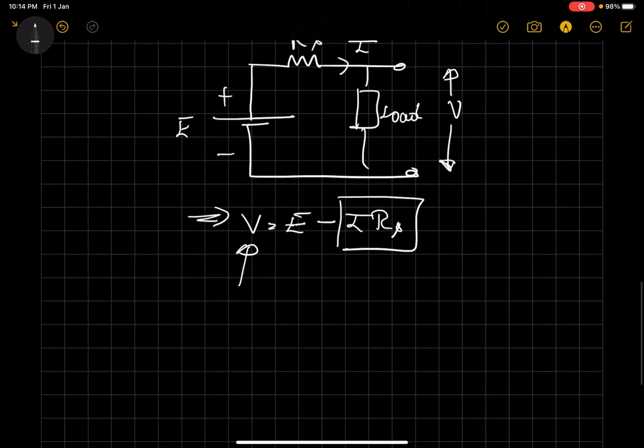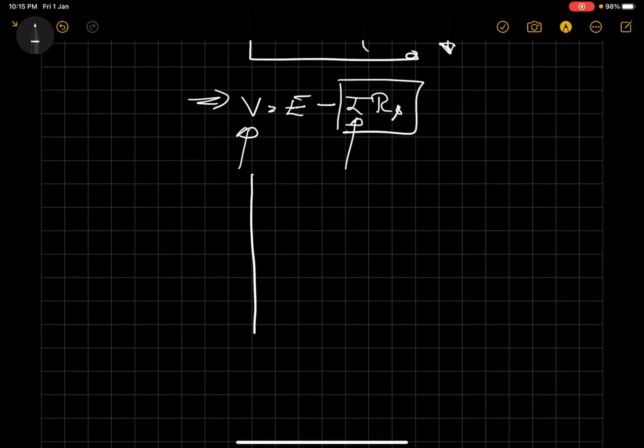And the voltage drop across the internal resistance is a function of the current drawn by the load. So if you have a load that draws a large amount of current, then the voltage across the load tends to go down, and this can be represented by a chart which I'll show.